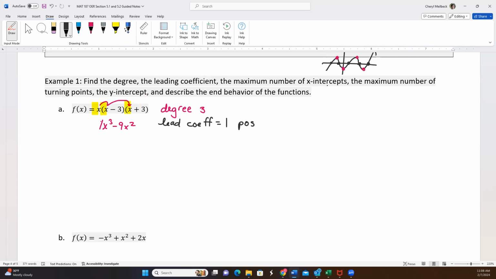Now the maximum number of x-intercepts. Since my degree is 3, the max number of x-intercepts is 3. And then the maximum number of turning points. Okay, so we just learned above that if the degree is 3, the maximum number of turning points is 2.